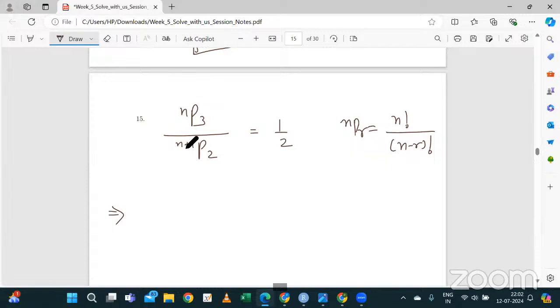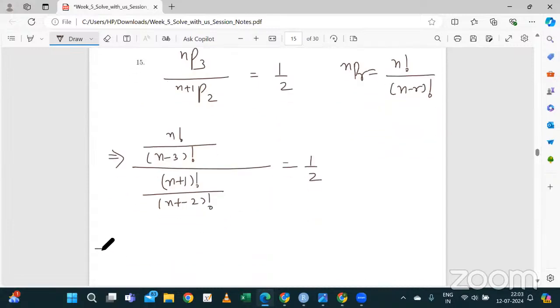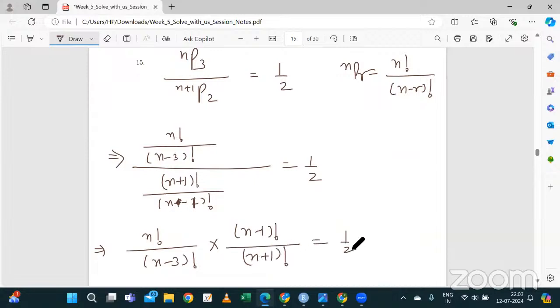So in the numerator it will be N factorial divided by N minus 3 factorial, whole divided by N plus 1 factorial divided by N plus 1 minus 2 factorial, equal to half. So N plus 1 minus 2 will become N minus 1 factorial, right? Yes, N minus 1. N minus 1 factorial divided by N plus 1 factorial equal to half.